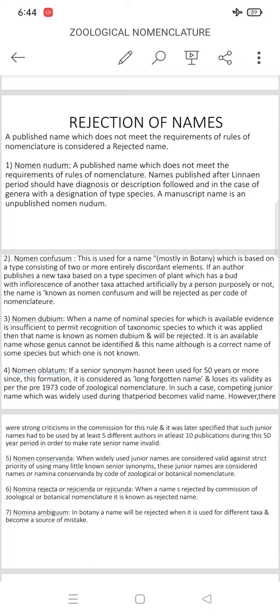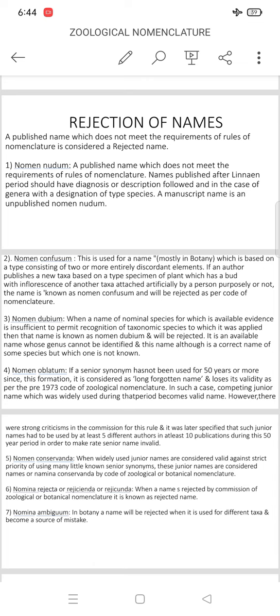The fourth one is nomen oblitum. That means if a senior synonym has not been used for 50 years or more since its formation, it is considered a long forgotten name and loses its validity as per the pre-1973 Code of Zoological Nomenclature. In such a case, the competing junior name which was widely used during that period becomes the valid name.